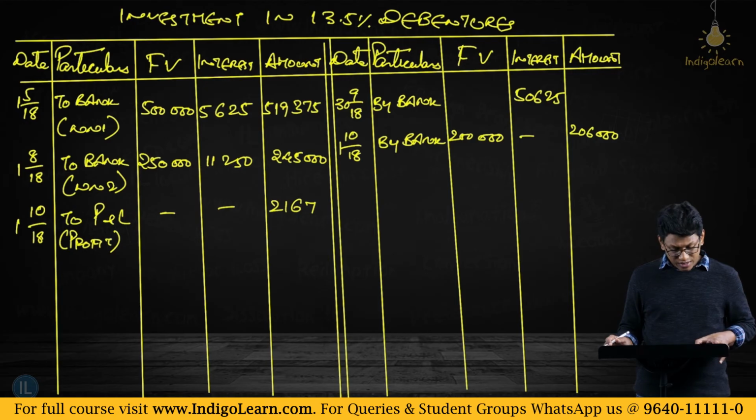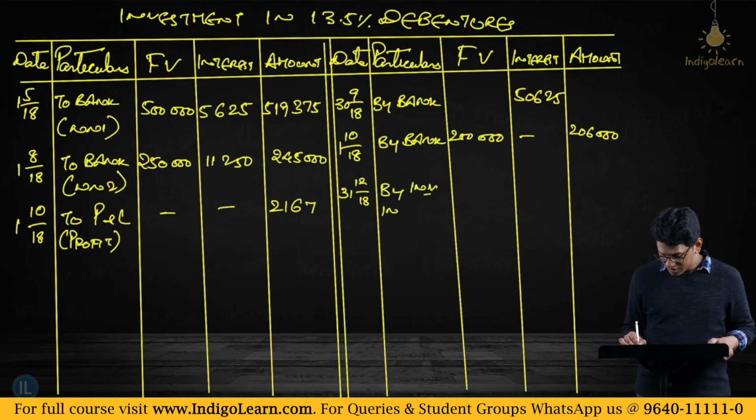Right. Then after this, there were equity shares which came into existence. When did this happen? This happened in the month of December. Do we have the date for it? Yes, that's at the end of December. So now 31st of December, by investment in equity shares.